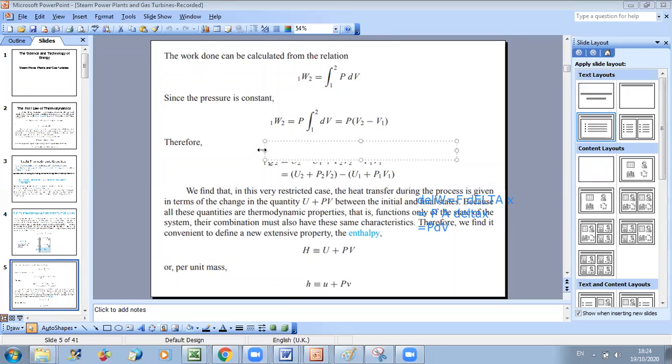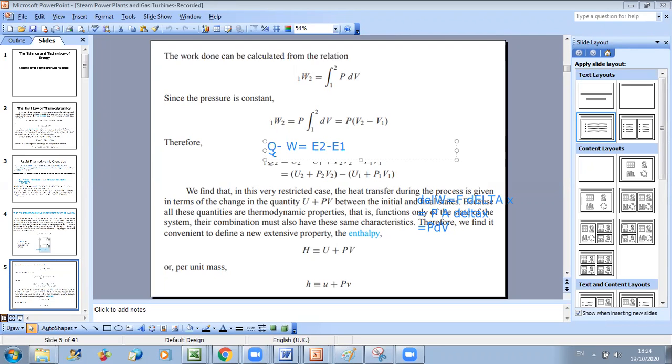That Q, delta Q, the heat provided to my system between state 1 and 2, minus W between 1 and 2, equals the variation of my energy. So it's energy at state 2 minus energy at state 1.